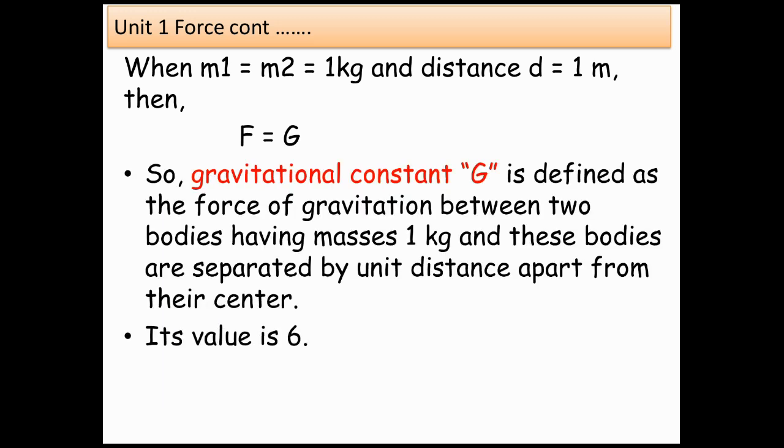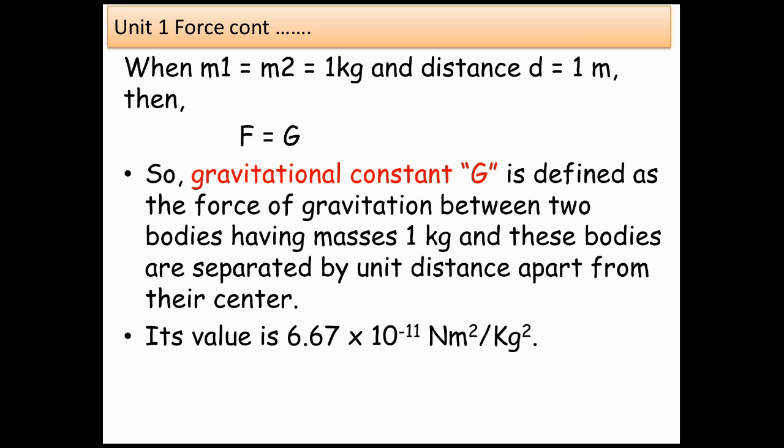That's why the gravitational constant, capital G, is defined as the force of gravitation between two bodies having masses of 1 kg each, separated by a distance of 1 meter from their centers.